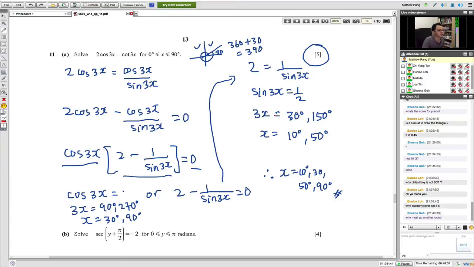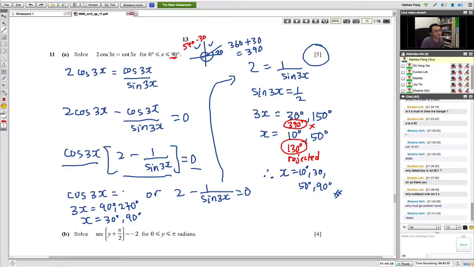Then in the second round, the second quadrant is 540 minus 30, which is 510, and 510 divided by 3 is 170. Cannot go into the second round because it says stop at 90 only. So this answer is more than 90 already, so it's rejected. Because it's divided by 3, I always check whether we need to go for the second round or not. But in this case, we do not need to, because the answer here is more than 90 already.